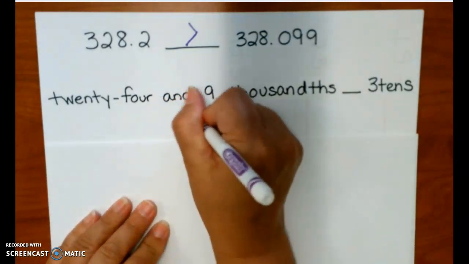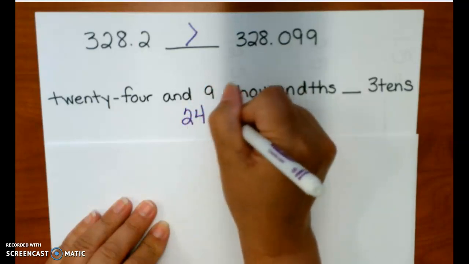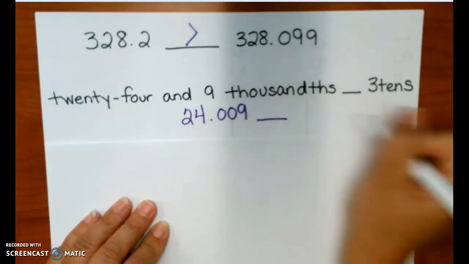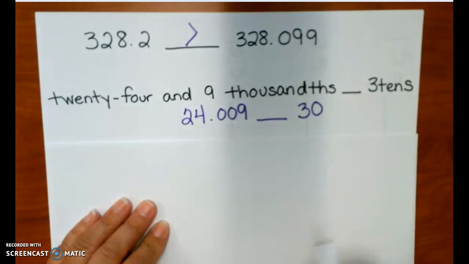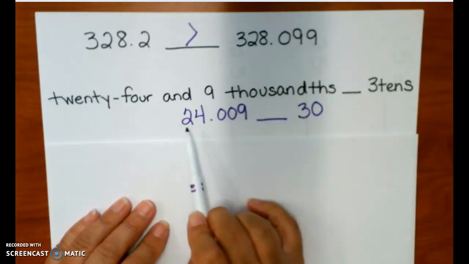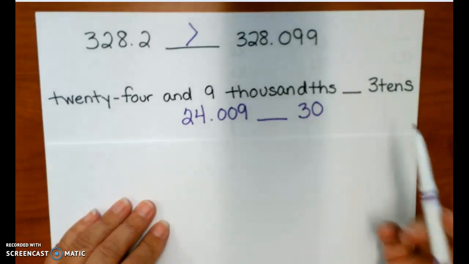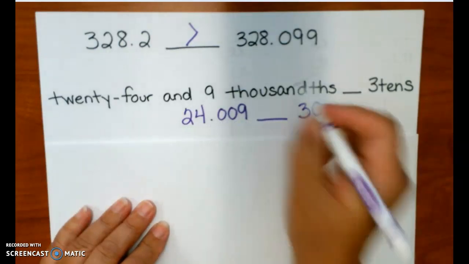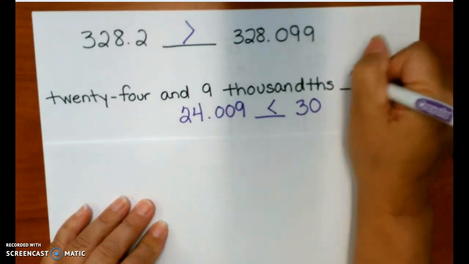So I have 24 and 9 thousandths, and I'm going to compare that to 3 tenths, which is 30. So what's bigger, 2 tenths or 3 tenths? 3 tenths. So 24 and 9 thousandths is less than 3 tenths.